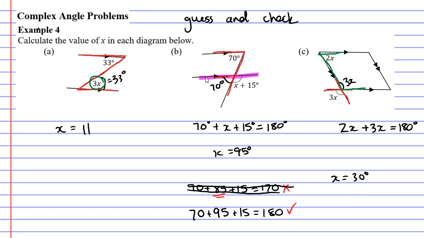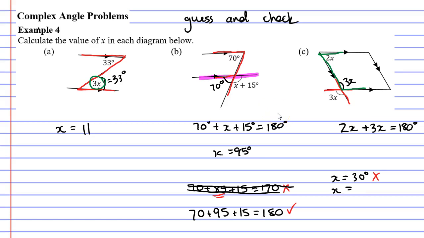Well, if x is 30, then this angle would be 60 degrees, because 2x means 2 times bigger, and this angle would be 90 degrees. Now 60 plus 90 is 150, so that doesn't work. So I'm going to rub them out. I know now that x isn't 30. Let's say it's bigger than that.